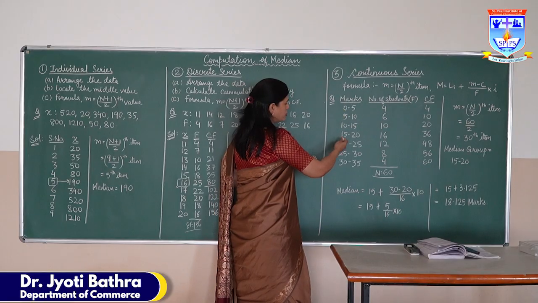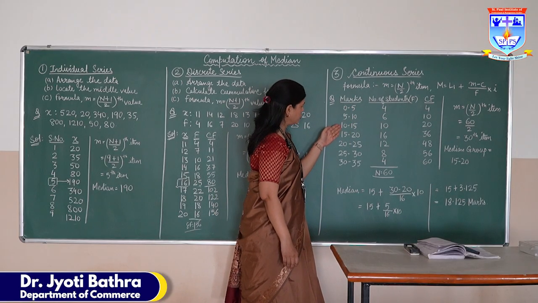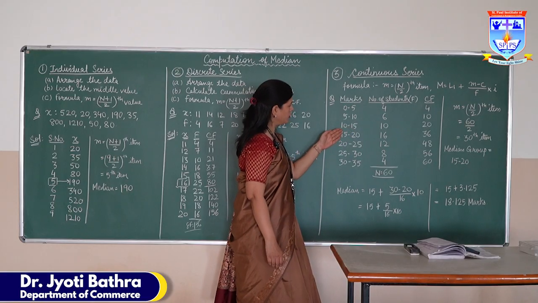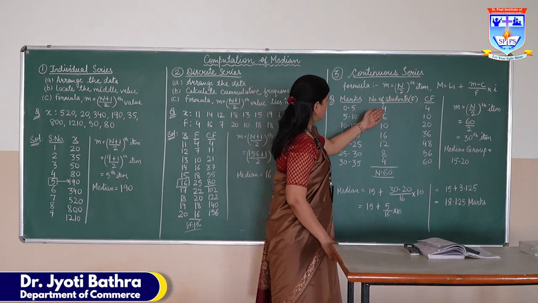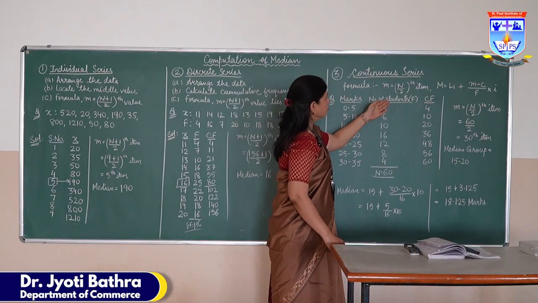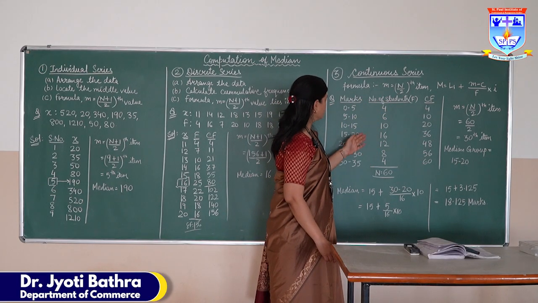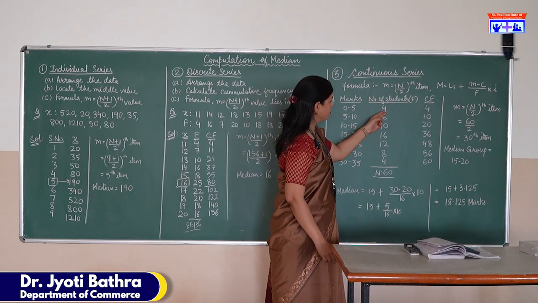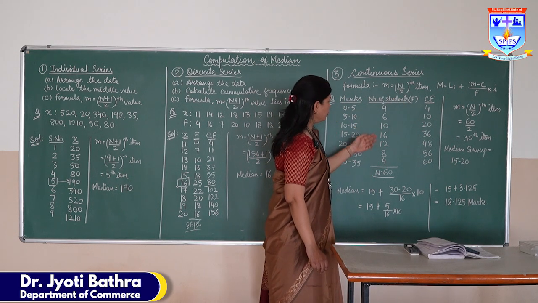Here I have given an example. Marks are given in class intervals 0 to 5, 5 to 10, 10 to 15 and so on. The marks are represented by the number of students. These are our frequencies. 0 to 5 represents 4 students.